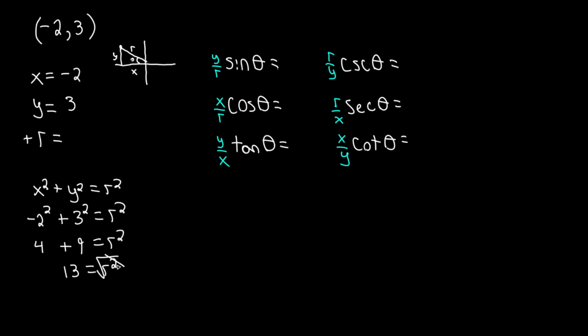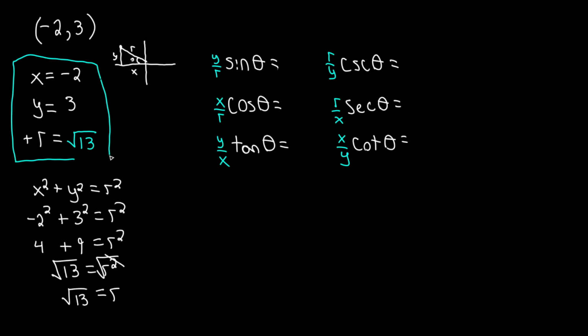Square and square root cancel. And we are left with the square root of 13 is equal to r. And I would put that over here, because I'll look at this information in this box that I've gathered in order to figure out my trigonometric function values. So we'll just plug them in.